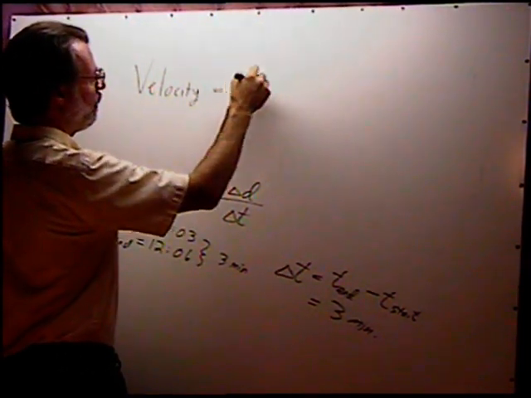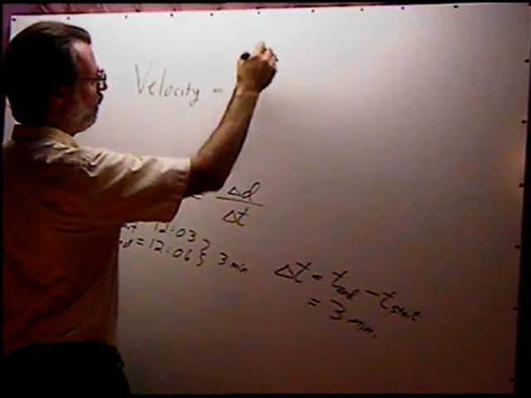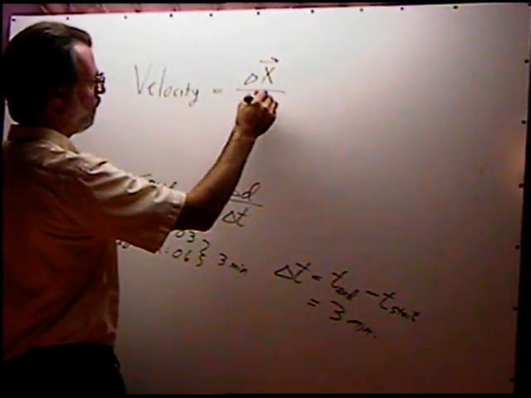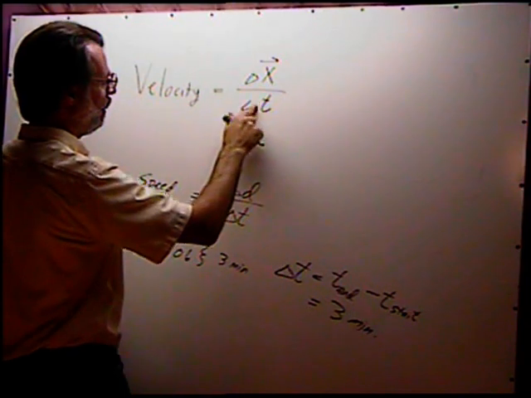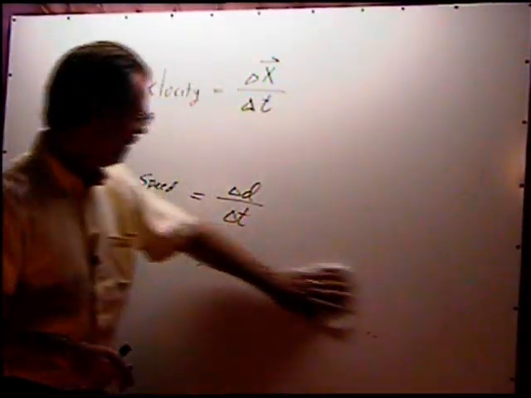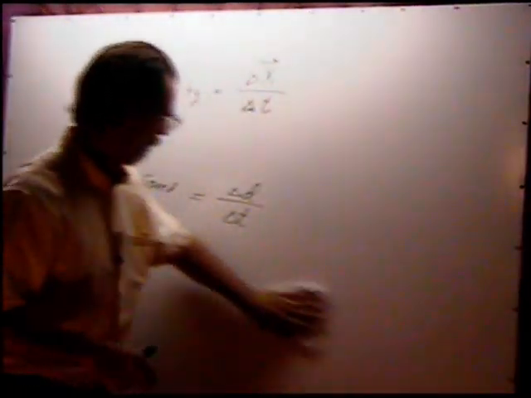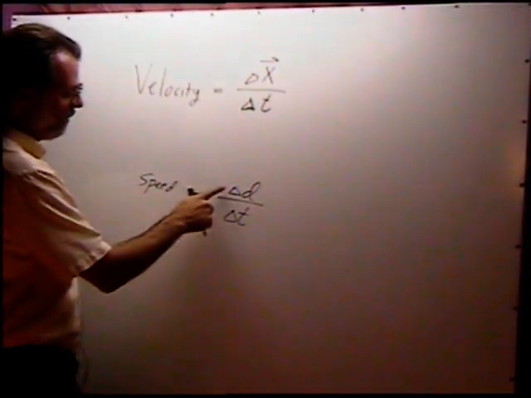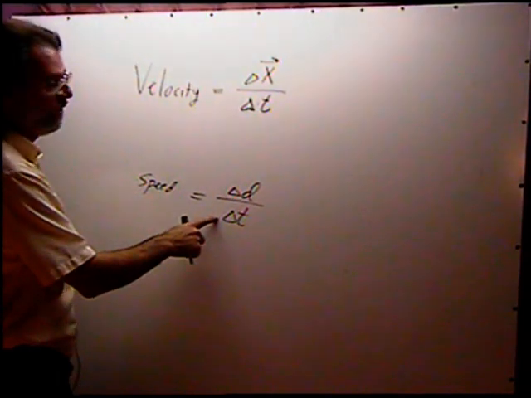Velocity is delta x, that's a vector, over delta t. Whereas speed is some distance over delta t.